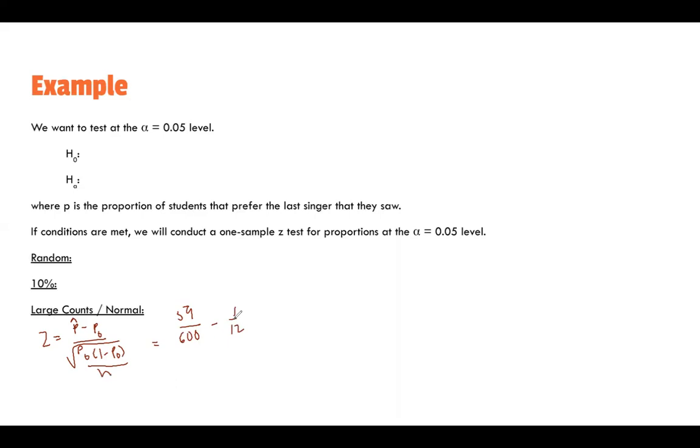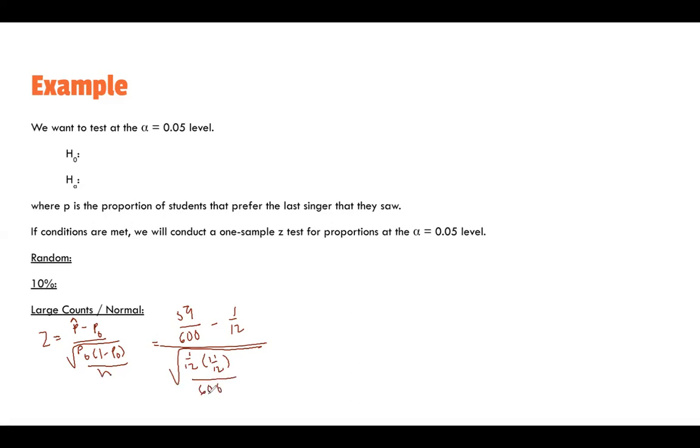So you might want to do that first, get an answer for that, and then plug that in so that it's a smaller step, or you can do it all at once if your calculator supports that. So it's going to be over square root of p naught's 1/12, 1 minus p naught's 11/12, over the sample size of 600. You basically plug that into your calculator.